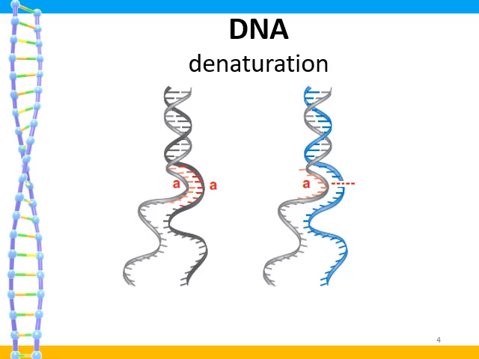These hydrogen bonds are weak, but there are numerous of them, and they can be separated from each other by, for example, changing the pH, and most commonly by heating the solution containing DNA. If you heat the solution containing the DNA, the two strands will separate from each other, and this is called denaturation. When the two strands of the DNA are separated, we say that the DNA is denatured.